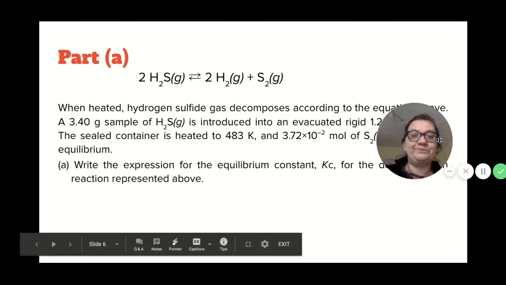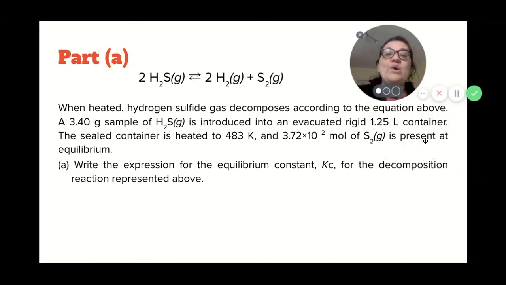Okay, so part A. We already looked at what information we were given. Part A asks us for the expression for the equilibrium constant Kc. So hopefully the terms expression and equilibrium remind you or make you think that, oh, I need that K equals concentration of the products raised to whatever power over concentration of reactants raised to whatever power.